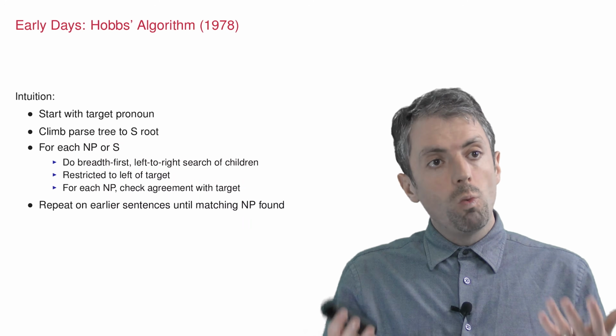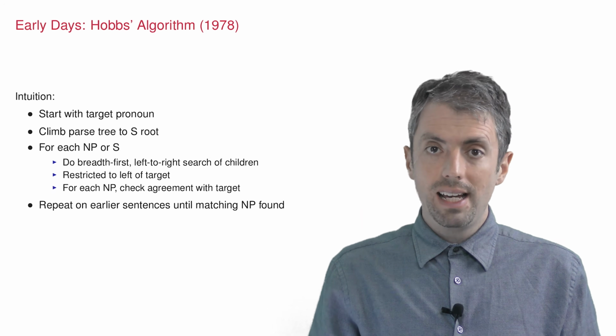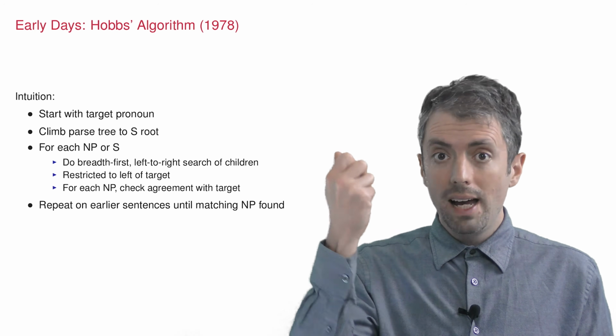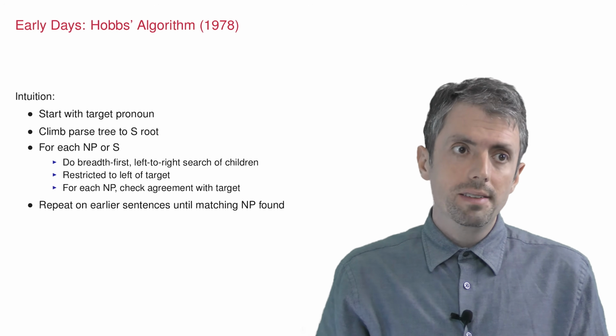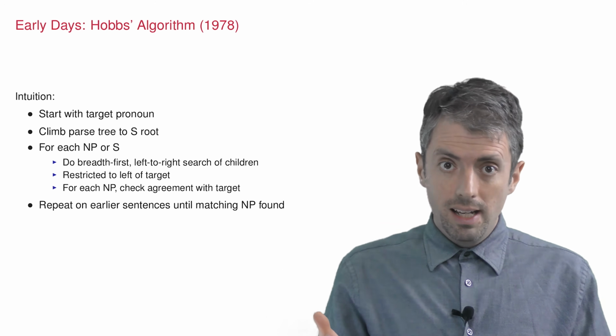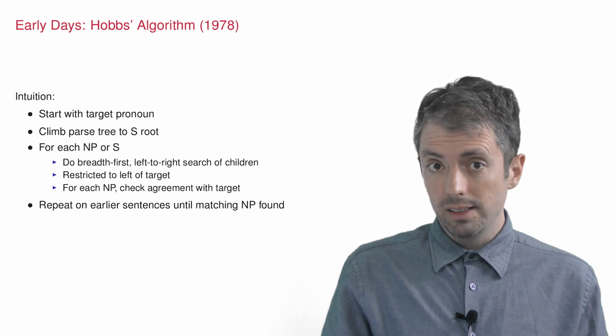Let's now talk about one of the earliest algorithms for solving coreference, Hobbs' algorithm. The basic idea is that you have some pronoun, you want to figure out what it means. You then have a parse tree that encodes all the syntactic information of the sentence, or multiple sentences.